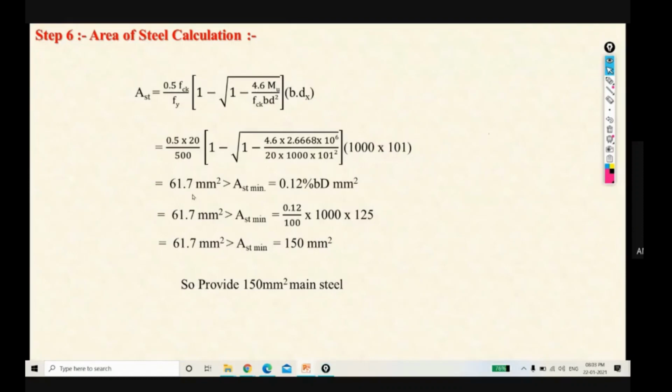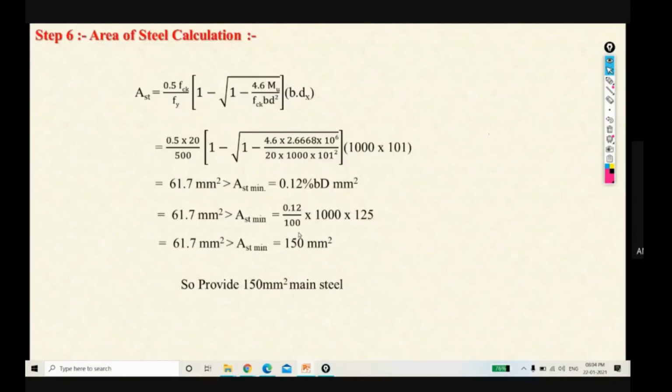But there is one clause in IS 456: the required reinforcement we have calculated should not be less than the minimum reinforcement, and the formula for minimum reinforcement in a slab is 0.12% of BD. That is the minimum criterion.